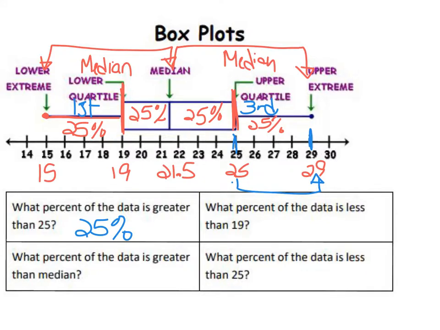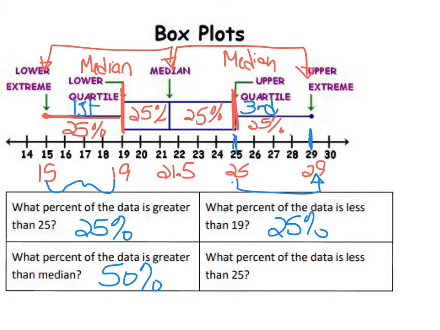So now, what percent of the data is less than 19? Come on, guys. It's just 25. What percent of data is greater than the median? 50%. Because now you have two 25s in there, don't you? Okay. What percent of the data is less than 25?